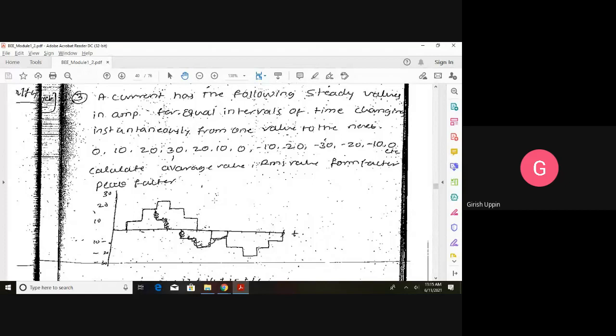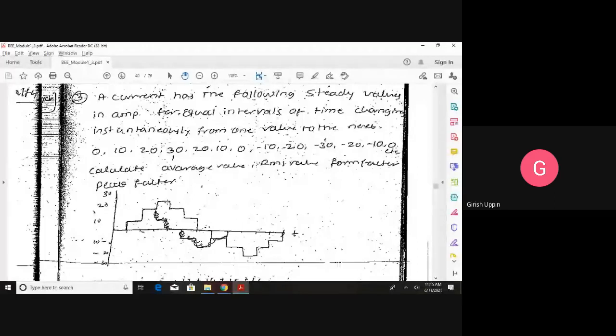We have one formula based on the area, another formula based on the instantaneous values. So you have to use the second one, based on the instantaneous values. We have 6 samples here and 6 instantaneous values for the current.